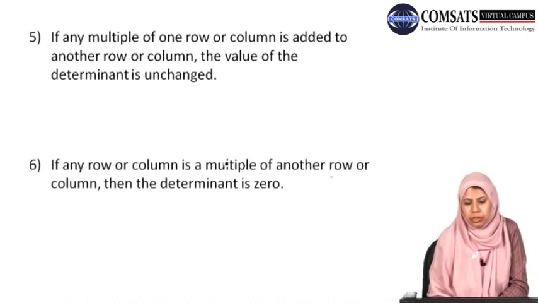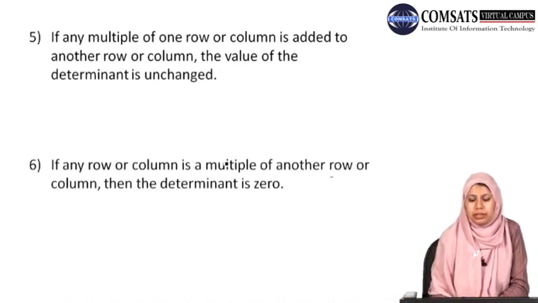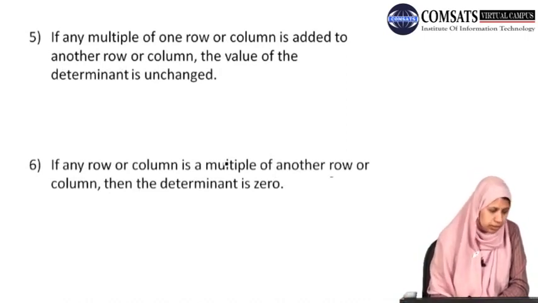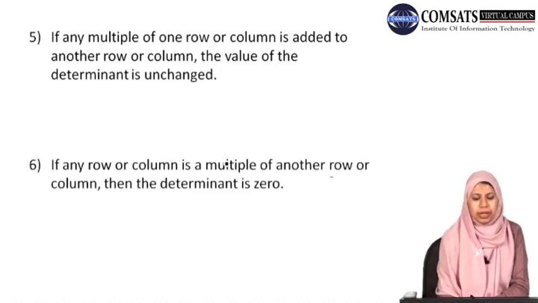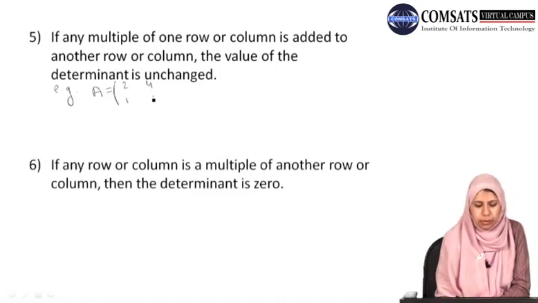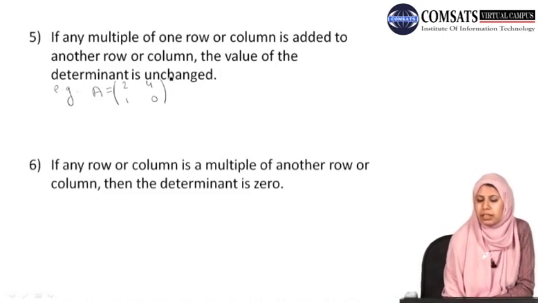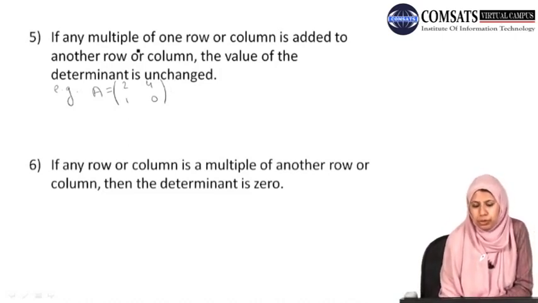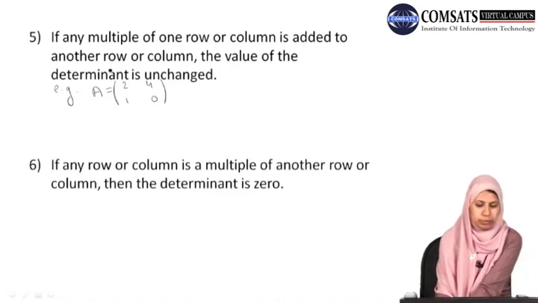another row or column, then the value of the determinant is unchanged. What do we mean by this? For example, we have our matrix A with the same entries 2, 4, 1, 0, and we are saying that a multiple of a row or a column is added to another row or a column.